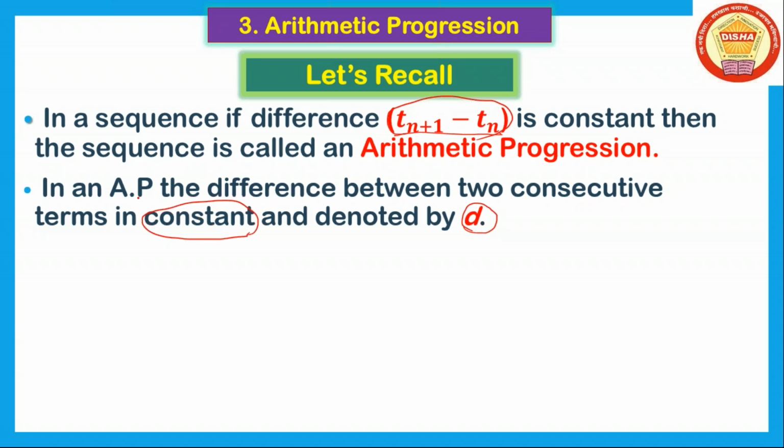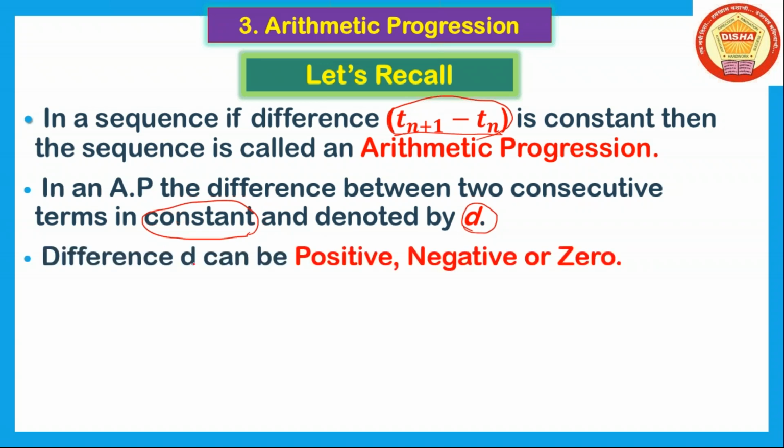Means, if it is an AP, then the difference is constant, and if the difference is constant, then the given sequence is an AP. The difference d can be positive, negative or zero. Means if we solve some examples, in some examples the difference may be positive, may be negative or sometimes it is also zero.